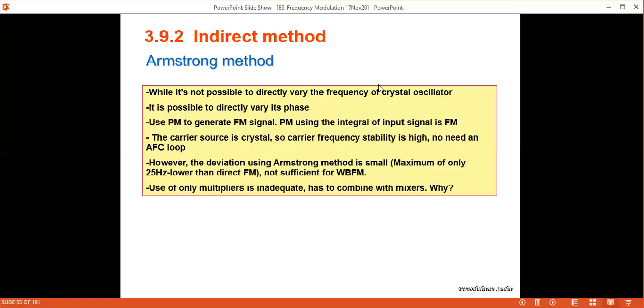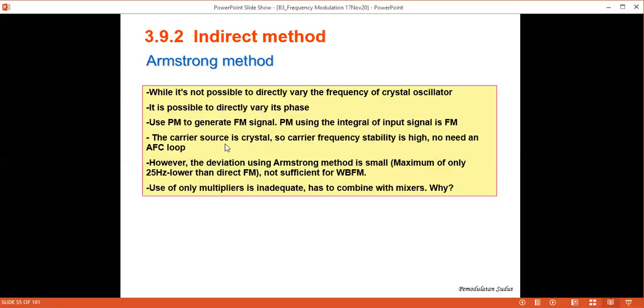So we vary its phase, so it becomes a phase modulator, and this phase modulator is used to generate an FM signal, provided that we use the integral of our input signal Vm(t). And if you combine these two, the integration of Vm(t) into our PM, then we produce an FM signal. So this is an indirect method of generating FM.